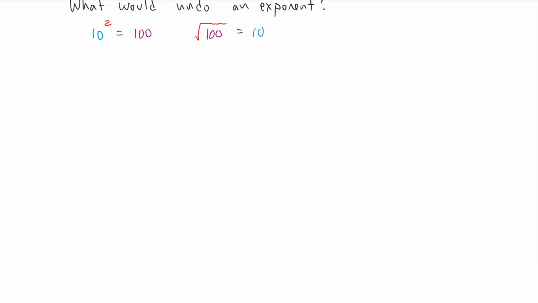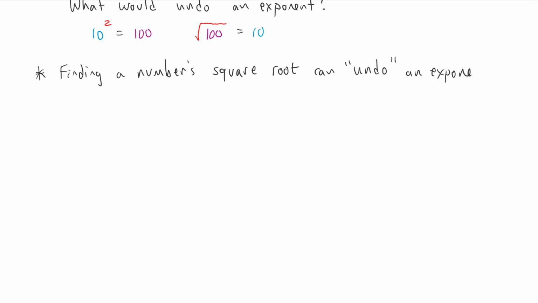Okay, so finding a number's square root can undo an exponent of 2. So I did one example up there, but let's do another one real quick.